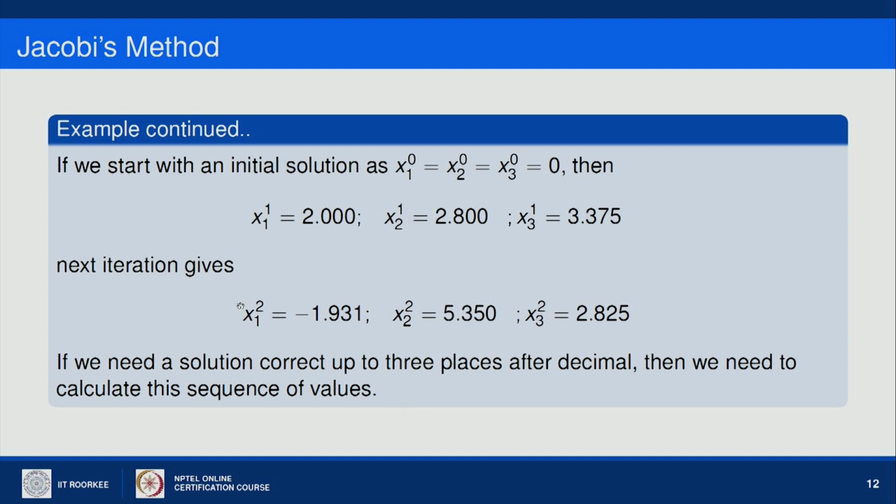Now, if I put these values in the right hand side of these three iterative equations, I can get the next iterate of x, and that will be, for x1, minus 1.931, for x2, 5.350, and for x3, 2.825. If we need a solution correct up to 3 places after the decimal, then we need to calculate this sequence of values for further k.